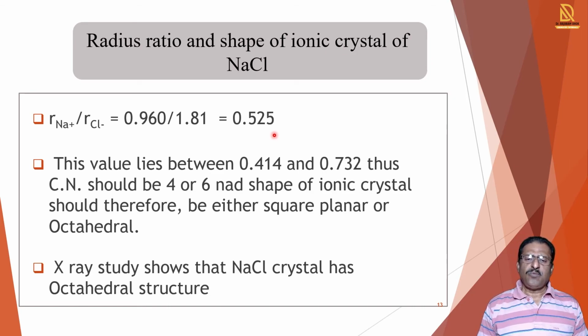This 0.525 value lies between 0.414 and 0.73, and here the coordination number should be 4 to 6. We know that in NaCl the coordination number is 6 and it shows octahedral shape. X-ray study shows that the NaCl crystal has an octahedral structure, and by calculation the shape of NaCl is also octahedral.